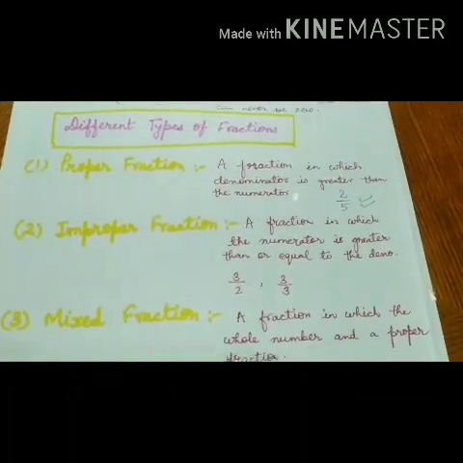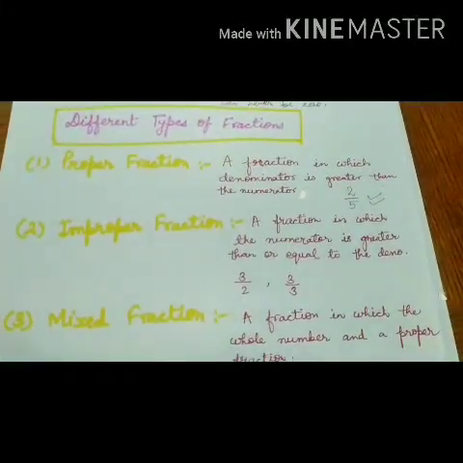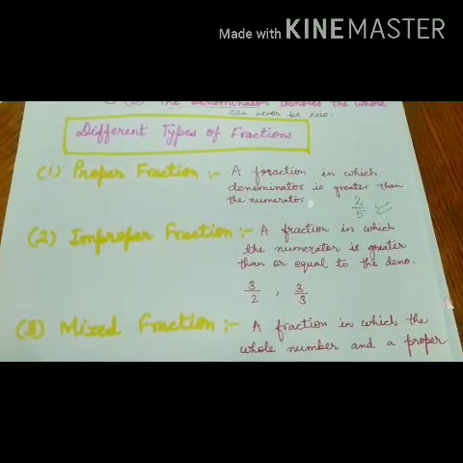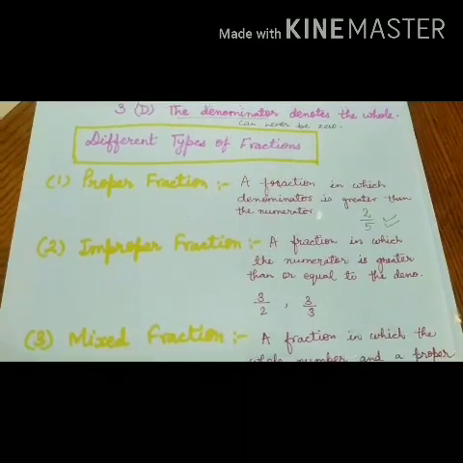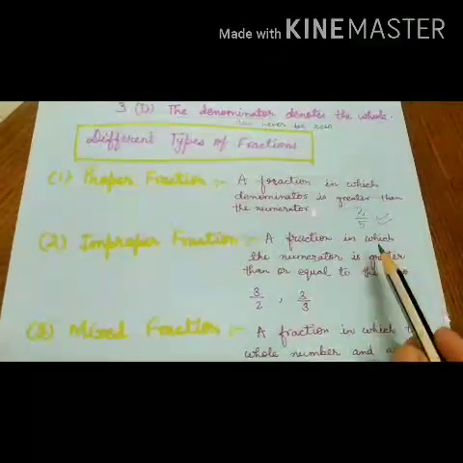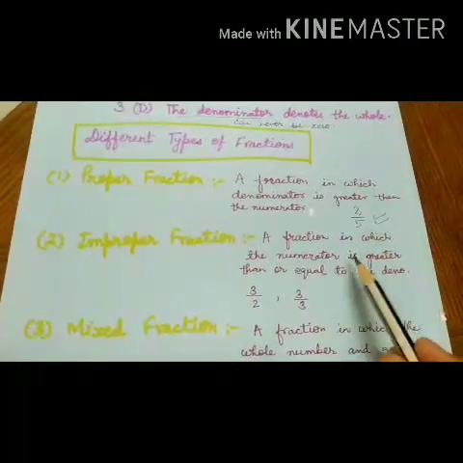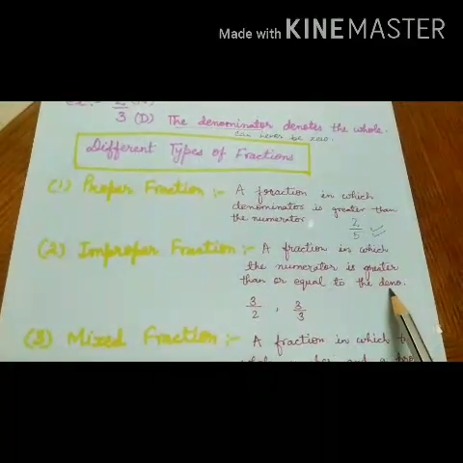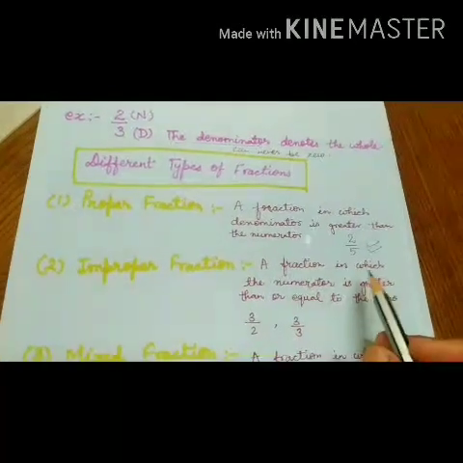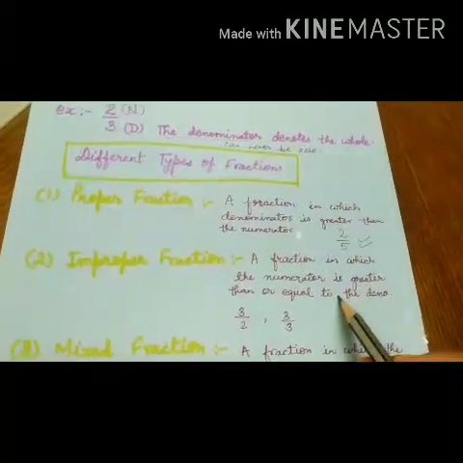Okay. Now the second is improper fraction. What is an improper fraction? By the name you can understand it. It is improper. See, a fraction in which the numerator is greater than or equal to the denominator. It is the opposite of proper fraction.